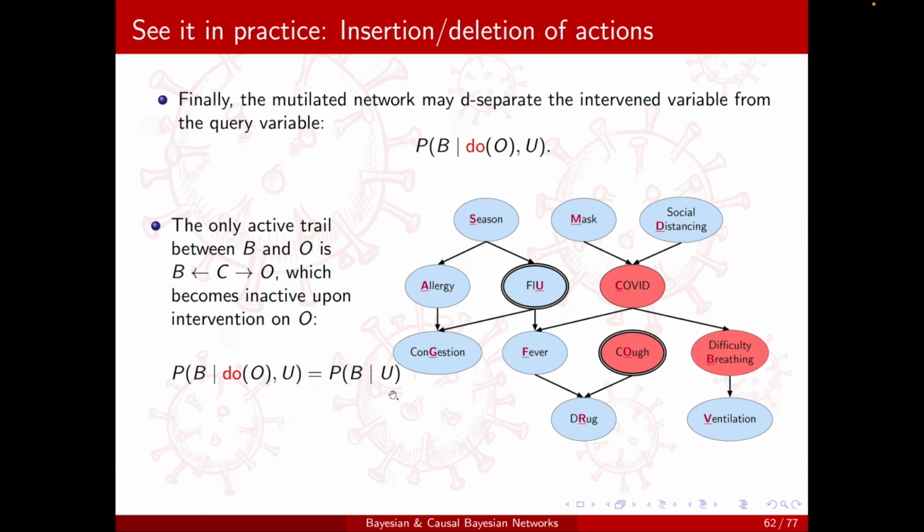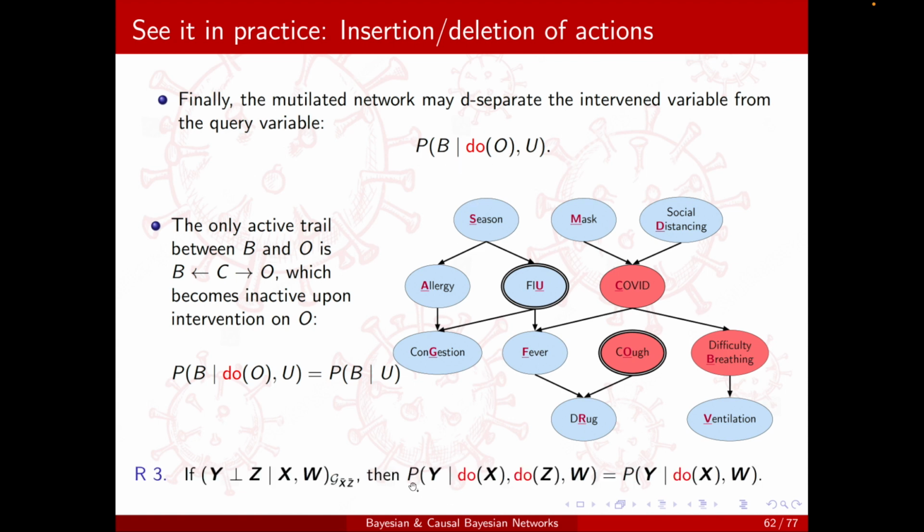This is quite similar to the first rule. There it was not about do of O, it was about the observed one, like U here. And we saw that if in the mutilated network B becomes independent of U, then I can remove U. Here it's kind of the same: if it becomes independent of do of O, I can remove do of O. The only difference is that here it's G of X bar Z bar, because it's better to remove both the incoming edges to X and the incoming edges to Z, as both of them are intervened.